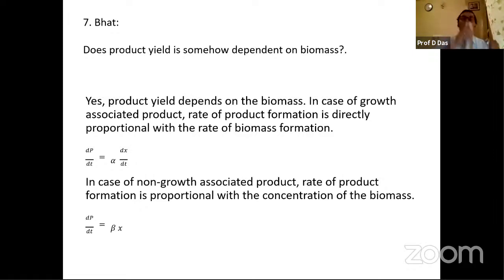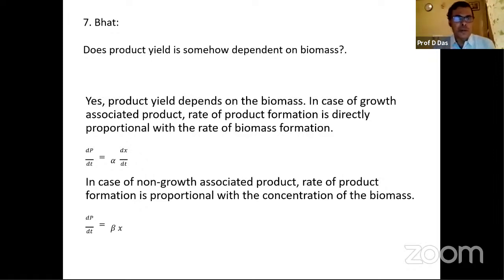Now we have seen there are three types of products: growth associated product, non-growth associated product, and mixed growth associated product.